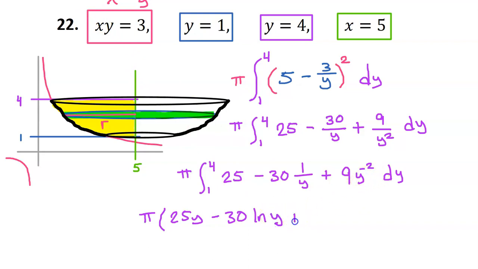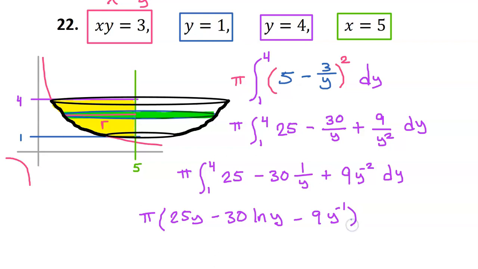Moving on, I'm going to bring down my y for this third term. Increasing the exponent by 1 makes this the negative 1 power. And then dividing by the new exponent makes negative 9. So really, instead of putting plus, I will just put minus 9.